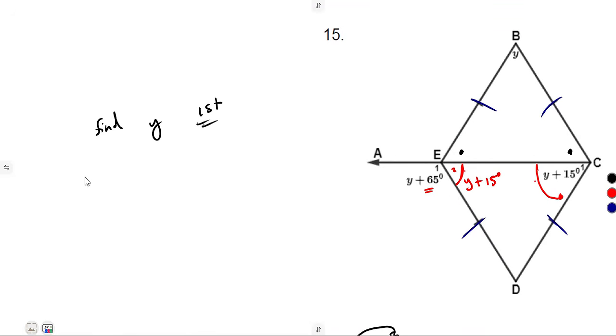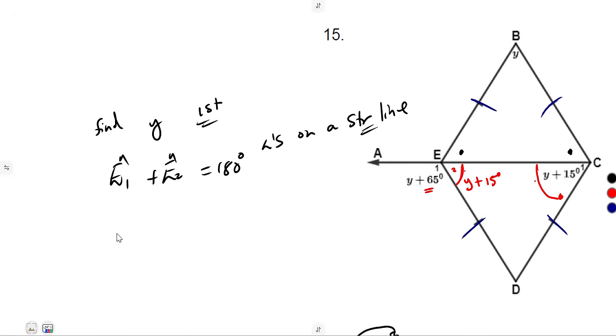Angles on a straight line, angle E1 and E2, add up to 180 degrees. Sum of angles on a straight line there. I'm just going to write in short. So our angle E1, that is y plus 65 degrees, plus angle E2, which is y plus 15, the one that we said is the same as this one.